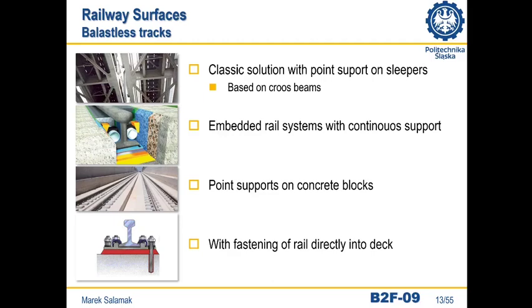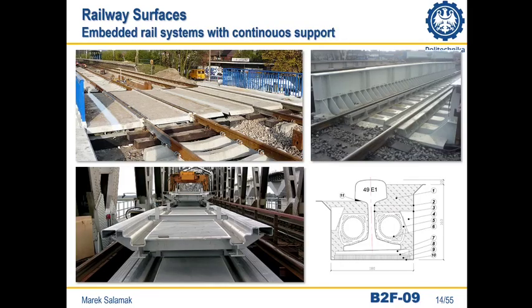Ballastless surfaces with different rail fastening methods are also increasingly used today, either directly to the deck structure or in the channels of particular precast reinforced concrete slabs with vibro-isolation, or even in individual concrete blocks that have different heights to ensure the right track inclination. Here's an example of such prefabricated panels with channels for fastening rails.